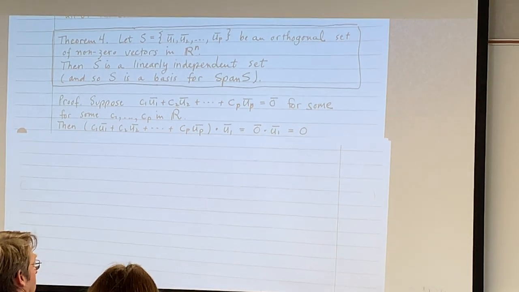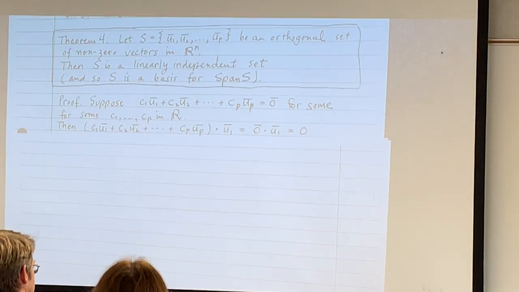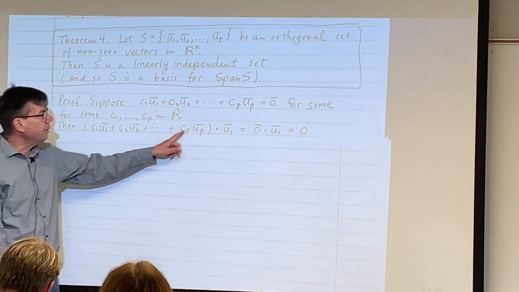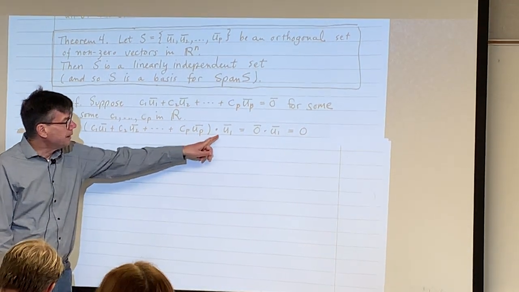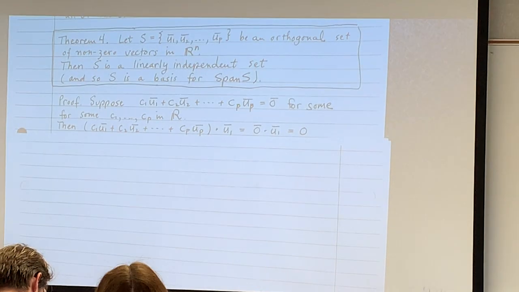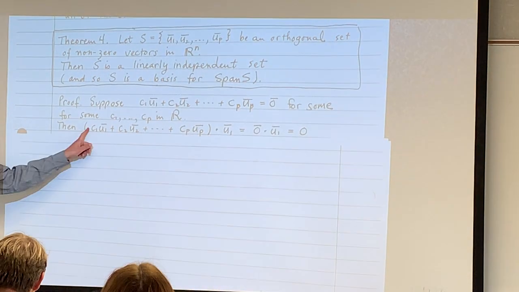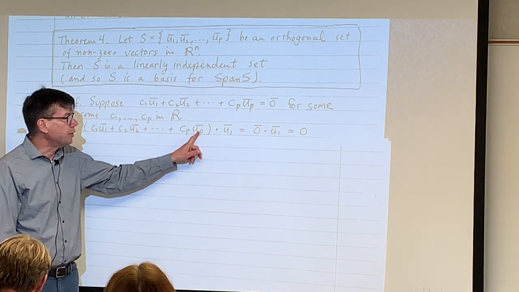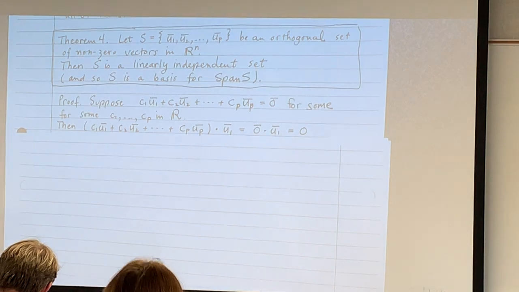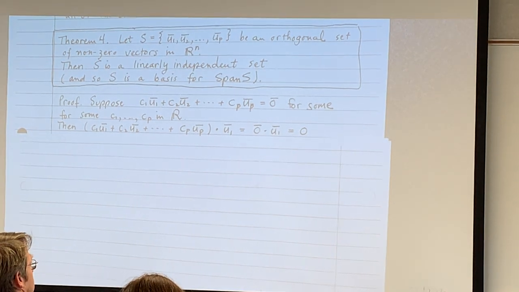What I'm going to do is take this linear combination and dot it with U1. That's got to be 0 because this linear combination is 0 to begin with. Certainly 0 dotted with any vector is 0, right? So we're making that observation.